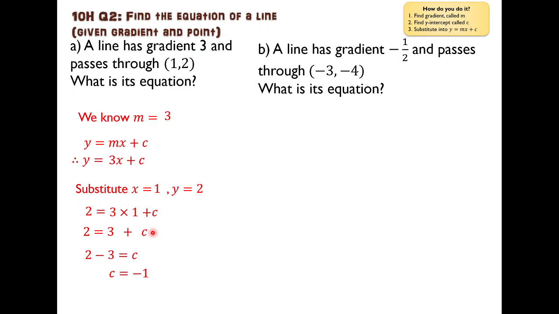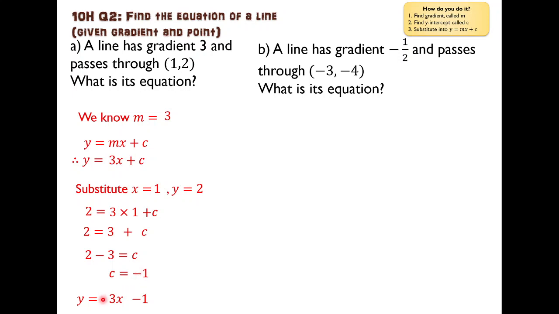Well, this is neat. For the equation of a line, we've figured out what m is, and we've figured out what c is. C is down here. So m is 3, c is -1. Let's write the equation of a line, y equals mx plus c, but instead of m, we'll write 3, so y equals 3x. And then we need to add this c value of negative 1.